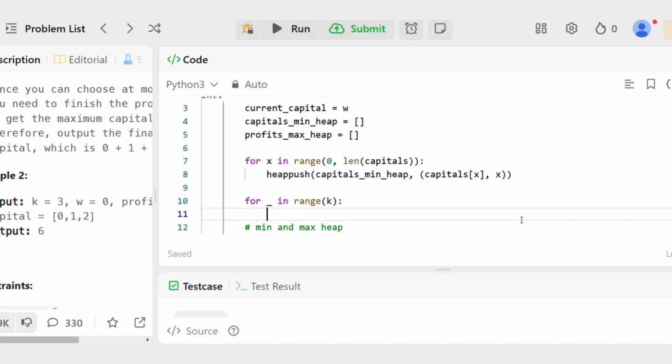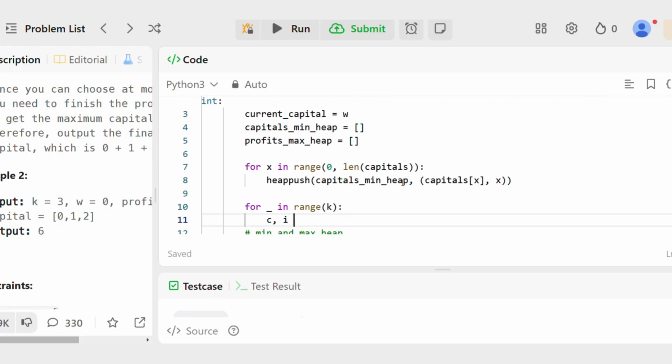we are going to say that while capitals min heap and capitals min heap, the first value, is less than the current capital, we are going to pop it from our min heap, like what the diagram was doing. So C comma I, wait, it's not C, sorry.